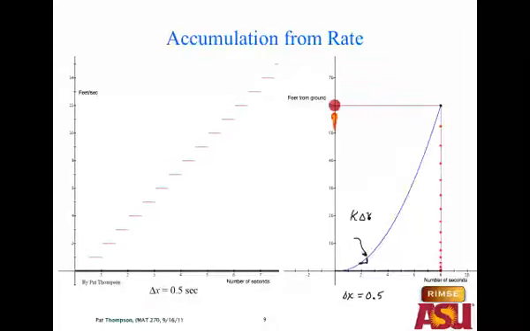What's that? 4. Why 4? Look at the graph on the left. Over that 1/2 second, the rate is 4. We can call these the velocities. This is the velocity at 1, 2, 3, 4.